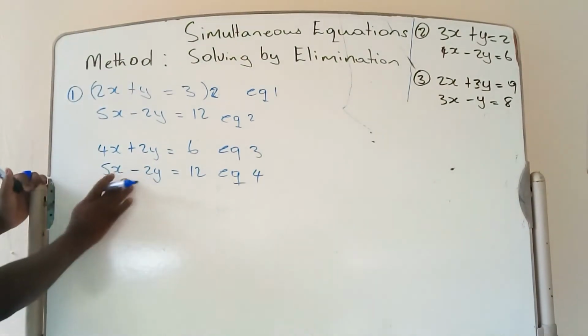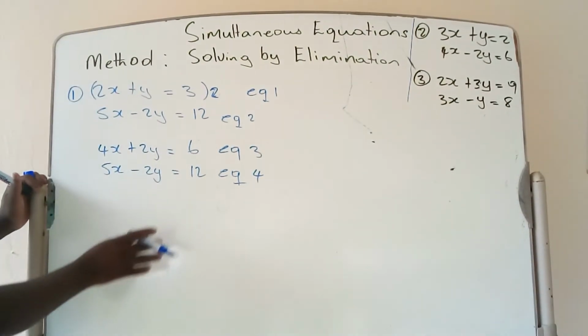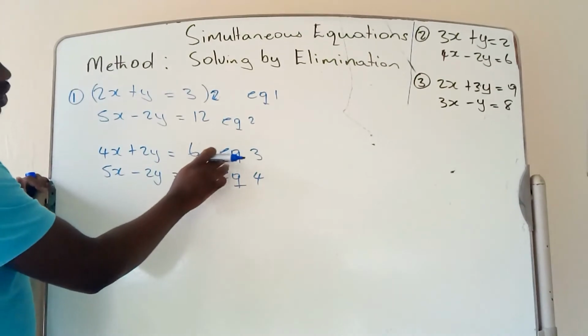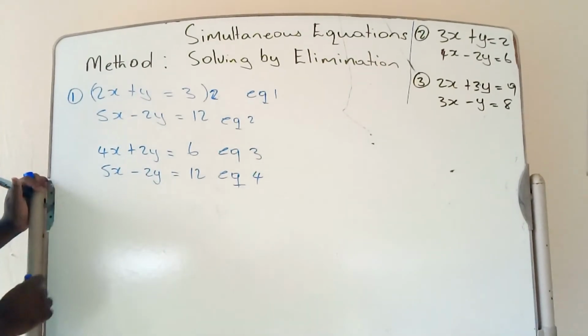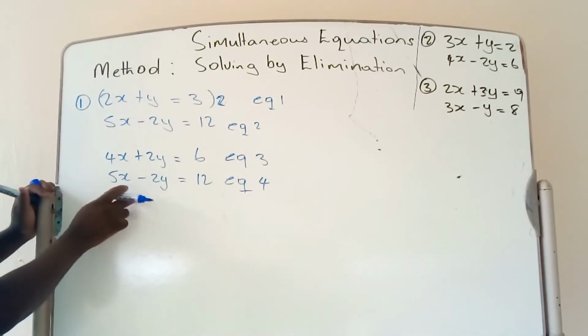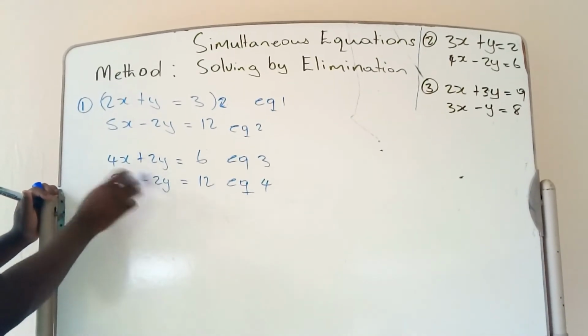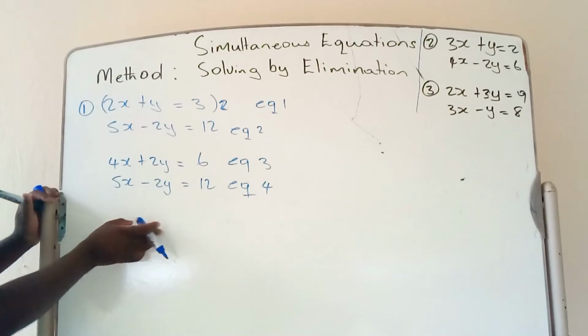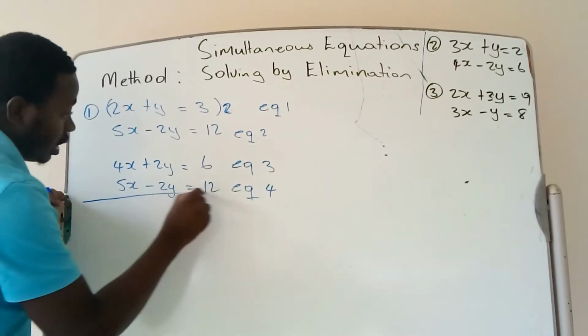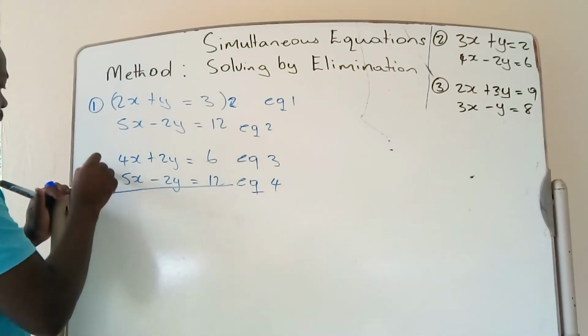Now the two equations I am going to focus on are equation 3 and equation 4. How can I eliminate these y terms? If I add them together, I would get 0. So draw a line and add them.